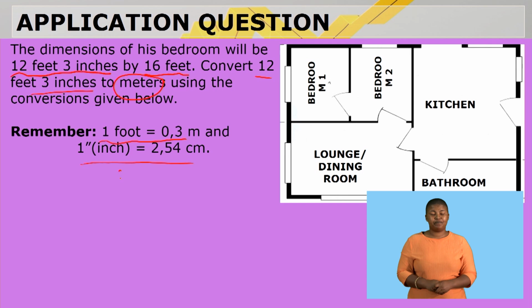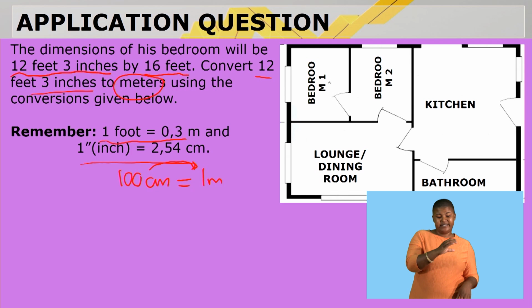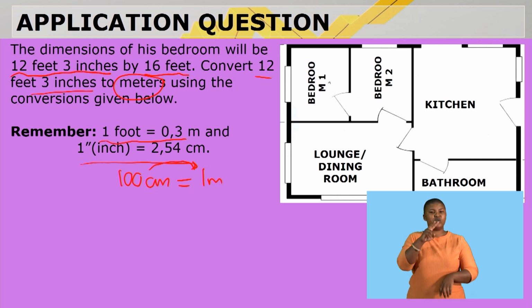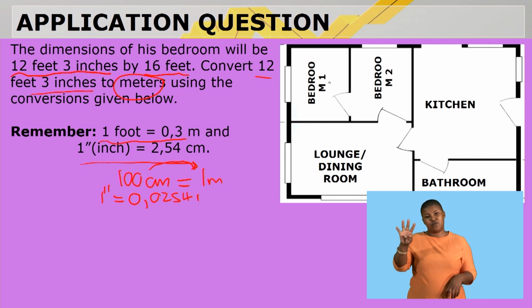So remember, 100 centimeters is the same as 1 meter. So when we go from centimeters to a meter, we need to divide by 100, meaning that 1 inch will then be 0,0254 meters. So what are we having?